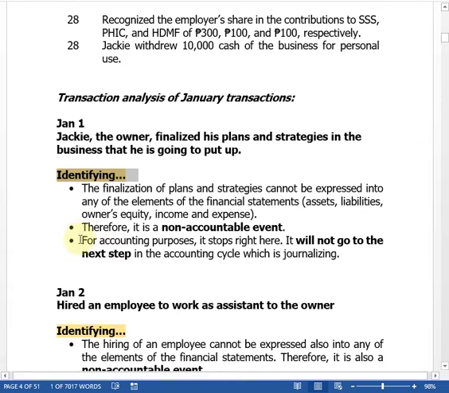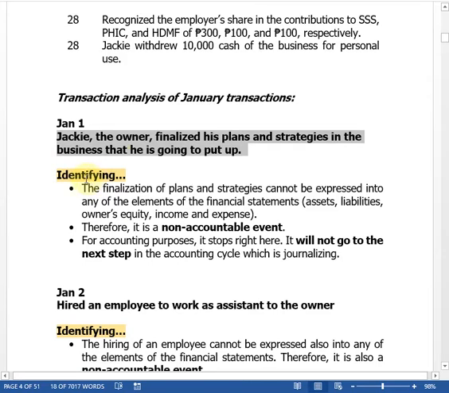So for accounting purposes, it will not go to the next step in the accounting cycle, which is journalizing. I have to emphasize that this transaction is very important for the business because these plans and strategies are very important in order for the business to succeed.